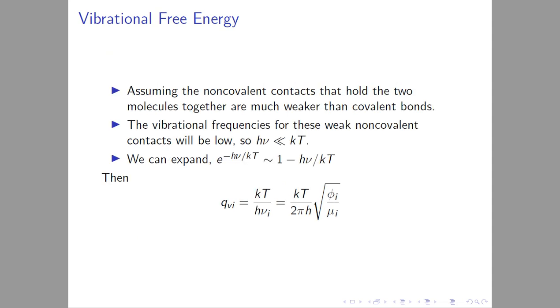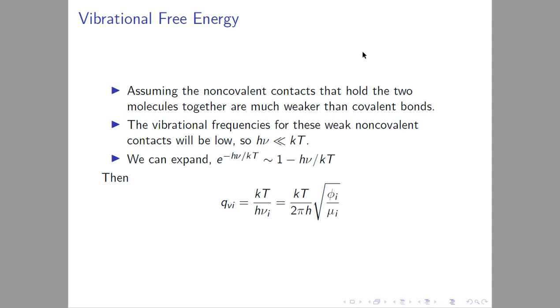If we assume that these non-covalent contacts that hold the two molecules are weaker than a covalent bond, they can diffuse or break out of this non-covalent bond. So the vibrational frequency for this non-covalent contact will be low, so h nu is less than kT, and it is affected by the temperature.